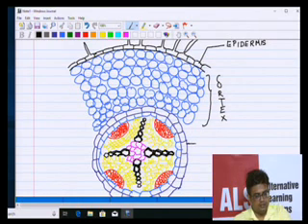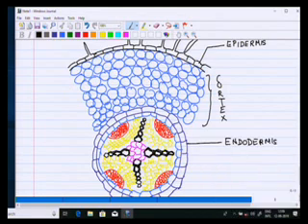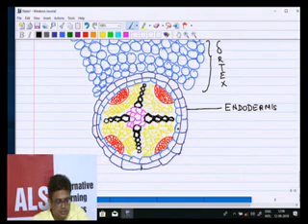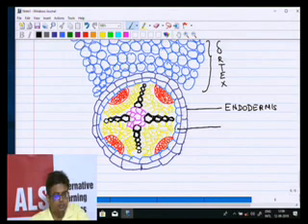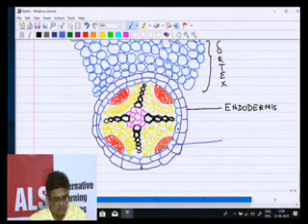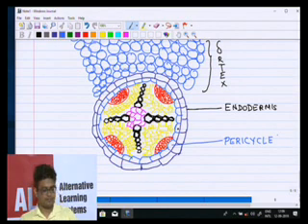Now this layer of cells, it is called the endodermis. And inside this endodermis, this layer, the light blue colored, I'll maybe use the same colored pen so that you don't get confused. This layer, it is called the pericycle. Okay.